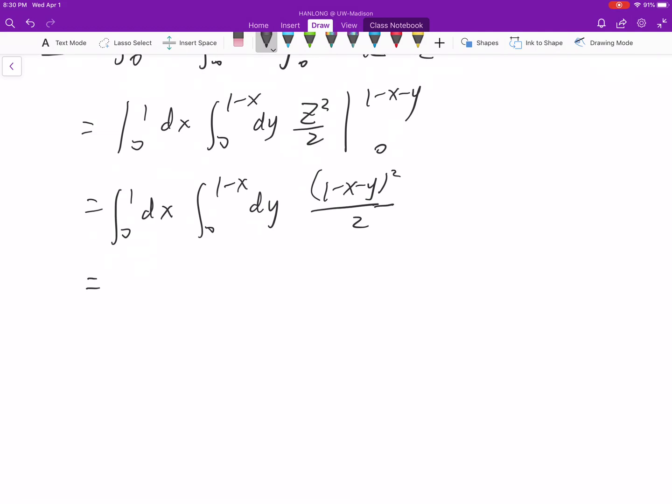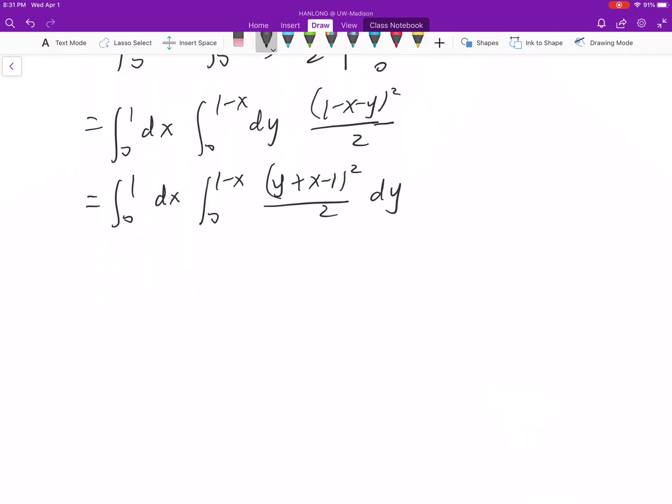And now you view x as a constant here. Don't use the distribution law, otherwise you are doing some extra work. This is dy. So how to find the antiderivative for this function? It is (y plus a) cubed over 3 times 1/2.